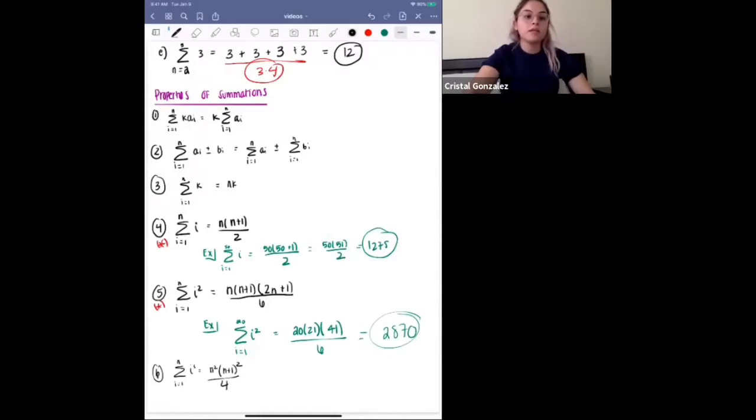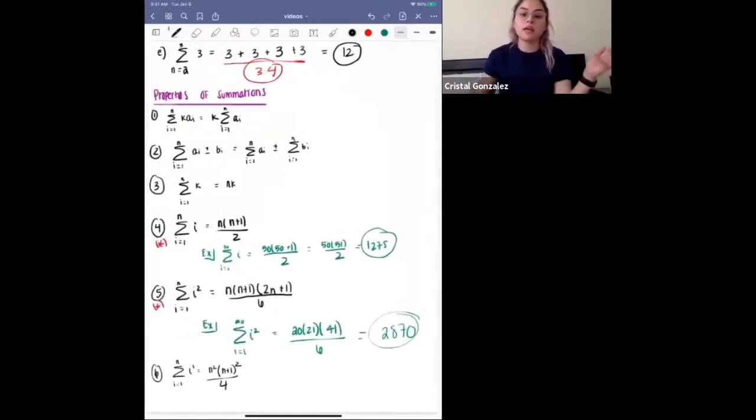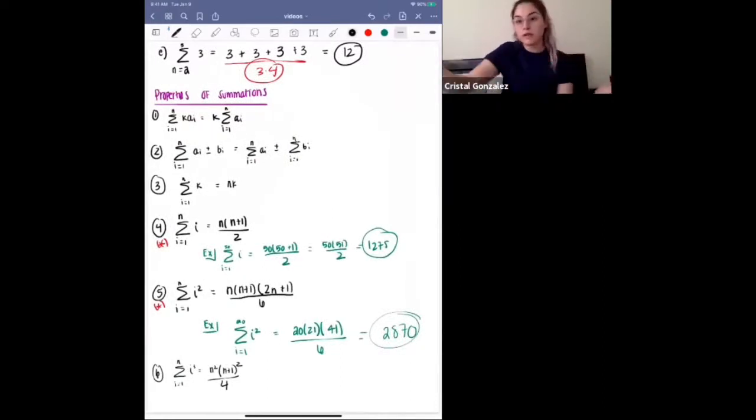So now that we learned all these properties, I want to do an example. Let's do a few examples just so that you guys get the hang of it, so that when we move into Riemann sums, it's super easy sailing from there. So let's do an example.